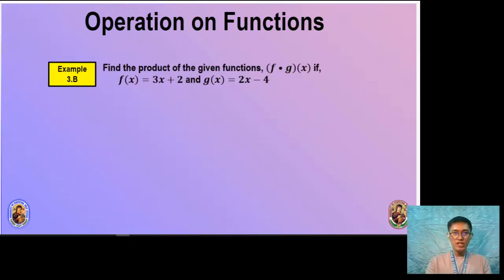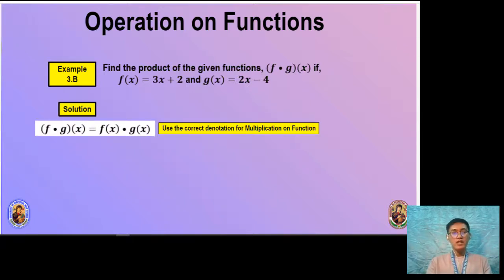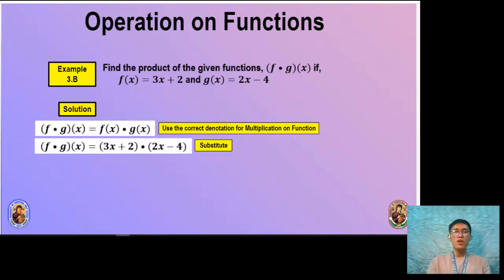Example 3.b. Find the product of the given functions f times g of x if f of x is equal to 3x plus 2 and g of x is equal to 2x minus 4. Use the correct denotation for multiplication on functions, then substitute, 3x plus 2 times 2x minus 4, this one.